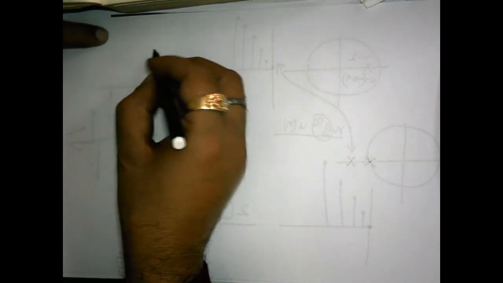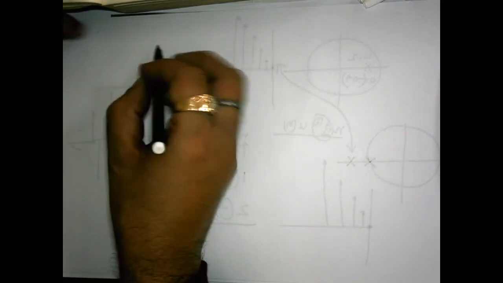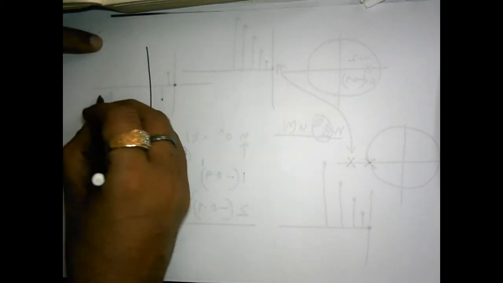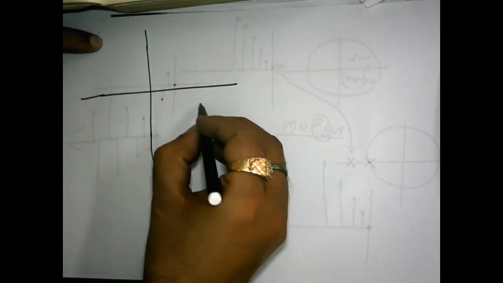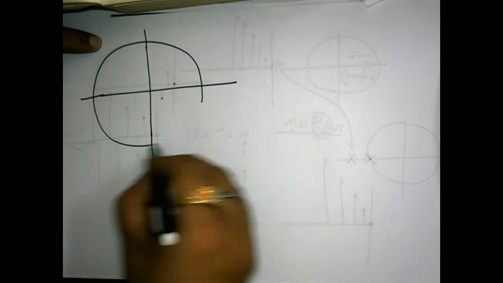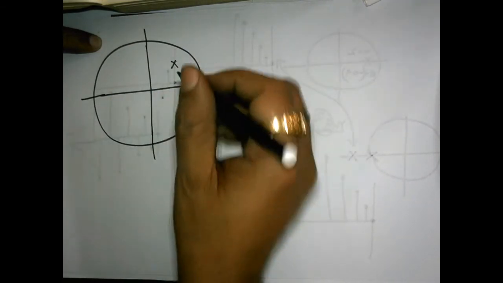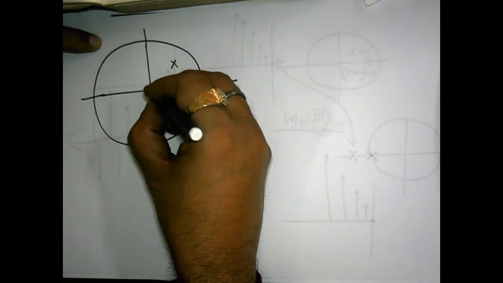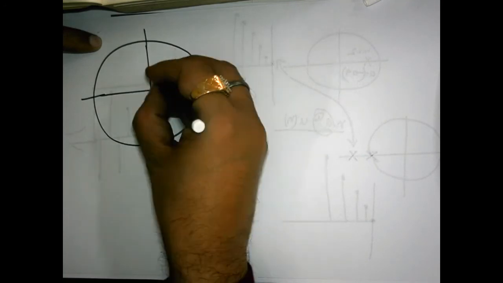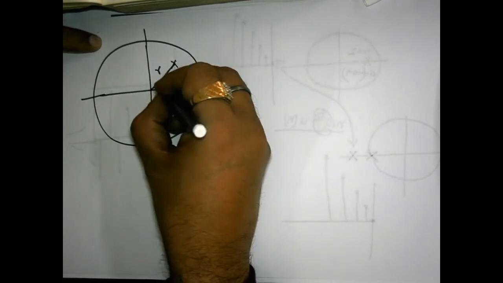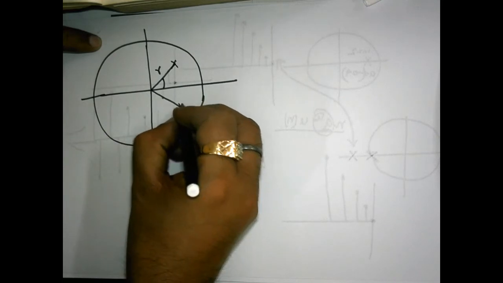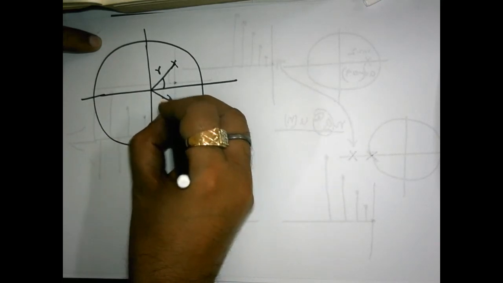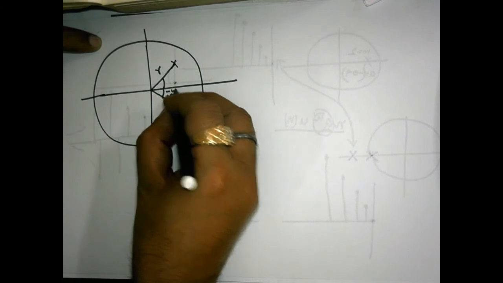Now you see, as we solved in our earlier problem, there were two poles: one situated at distance r and angle omega 0, and its complex conjugate at distance r and angle minus omega 0.